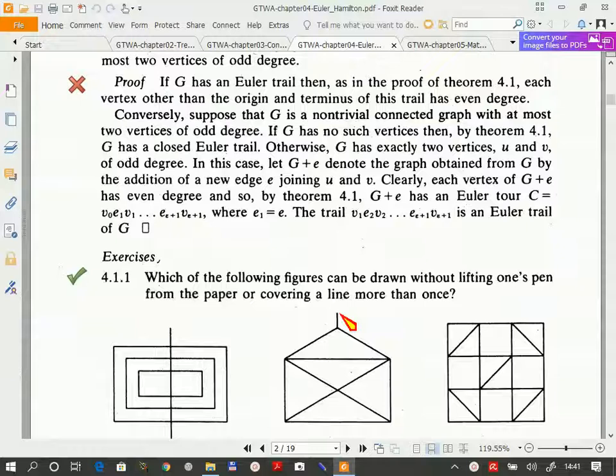So let's say A, B, C, D, E, F, G, H, M, N. Okay? I know that I have to start either from here or from here. Let me repeat here all these, and then I will delete one by one the edges I take in.